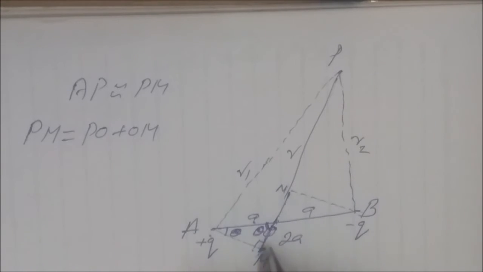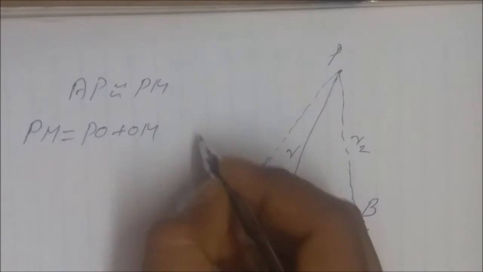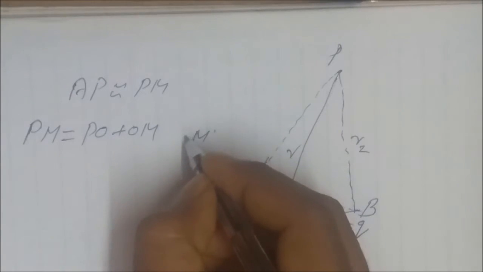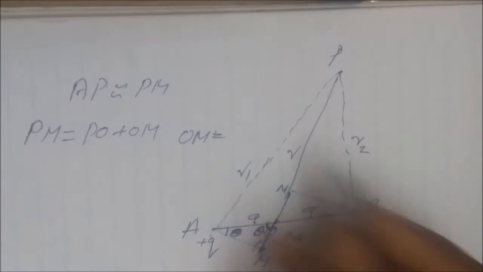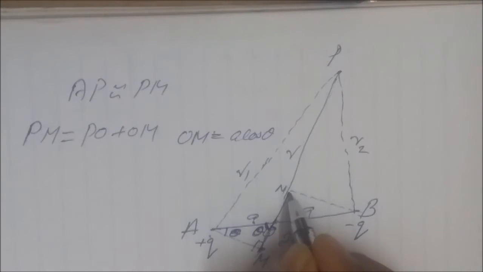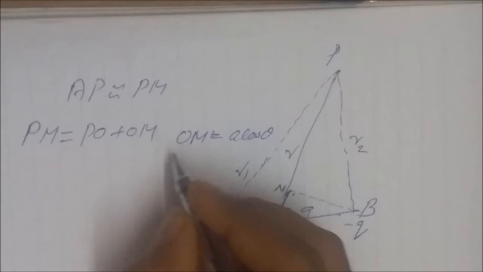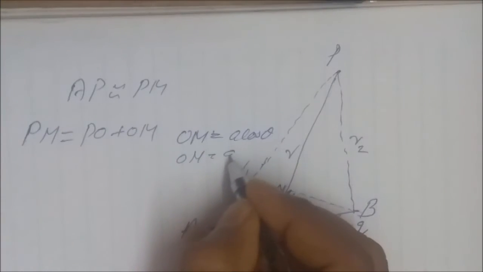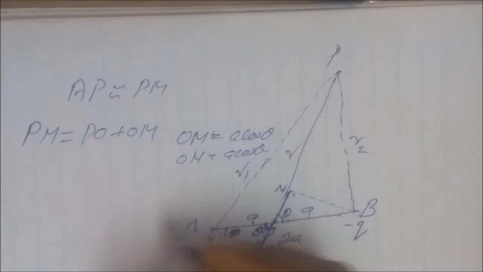So from here we can write OM is equal to a cos theta, and similarly here also this angle is theta, being opposite angles, so the hypotenuse is a, and ON is also a cos theta.